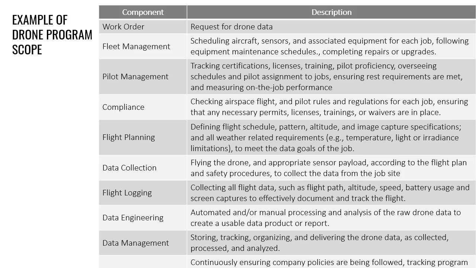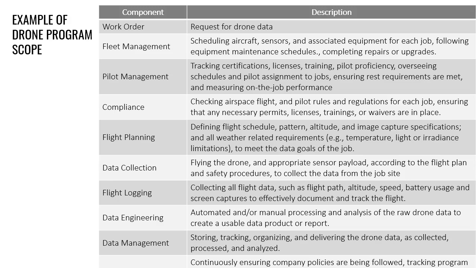When flying a drone and the sensors, you want to make sure that there's safety. That's part of the safety program, but you're out there to collect data. Flight logging is really about that, as well as controlling and logging every flight. The data management and data engineering is really about processing, taking the data and creating reports and analysis of what you're really trying to do.